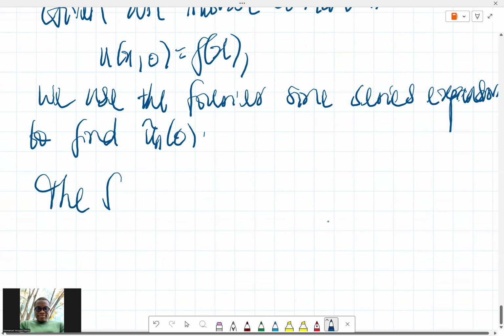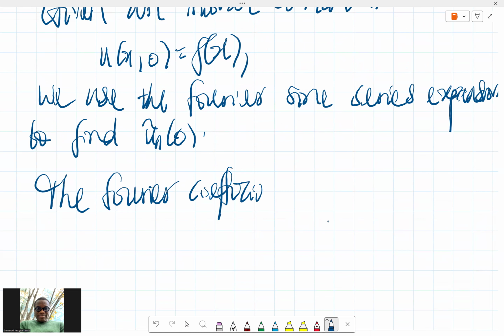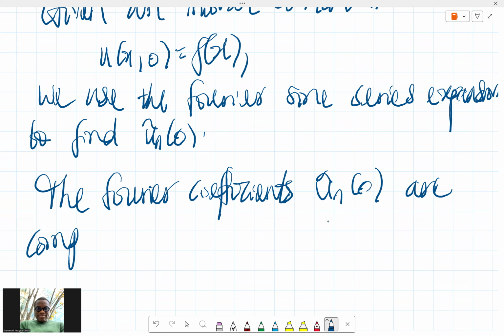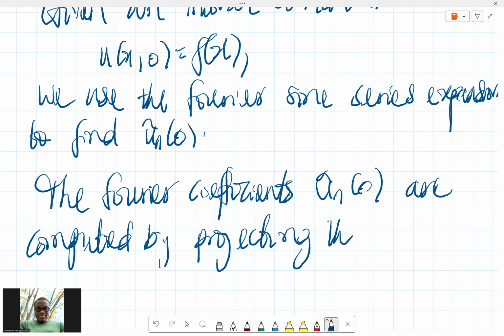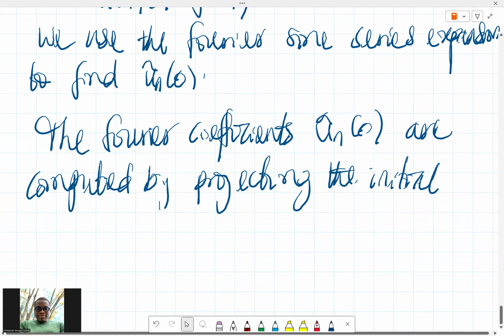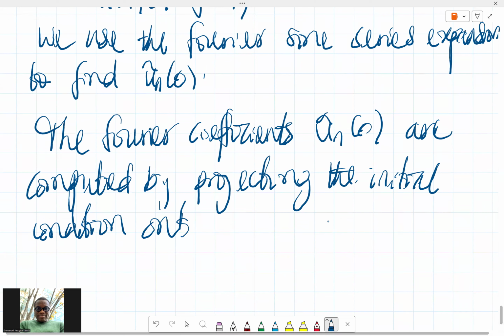So the Fourier coefficients u_n(0) are computed by projecting the initial condition onto the sine functions.